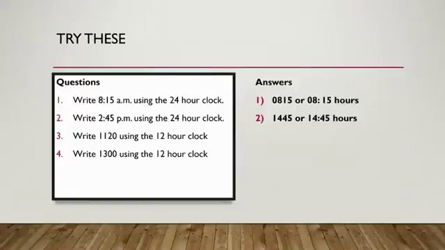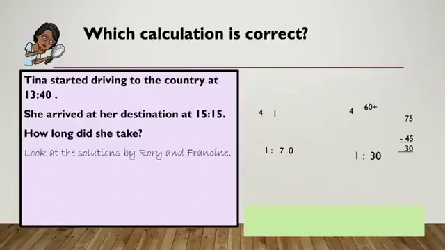All right? 2:45 p.m. would be 12 noon plus 2 more hours, which would give us 14 hours and 45 minutes. 11:20 hours using the 12-hour clock would be in the morning. It's 11 hours since it was midnight, so that would be the a.m. And 13:00 hours would be 1 hour after 12 o'clock, so that would be 1 p.m.